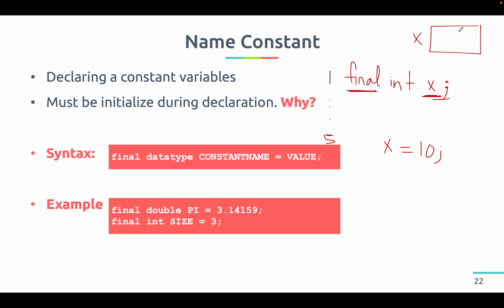So the default value will be 0. So this will be the constant value. So then at line 5, it cannot be changed because this is the final value. It is a constant. So that is why it must be initialized during declaration, and you cannot change it within the code, and you cannot write it this way. So this is the syntax.